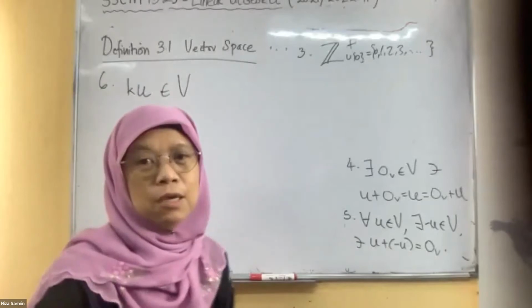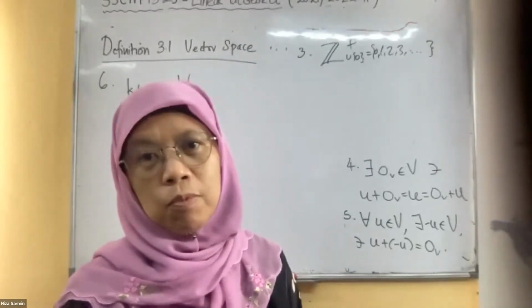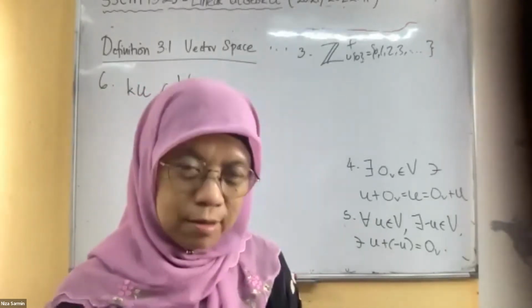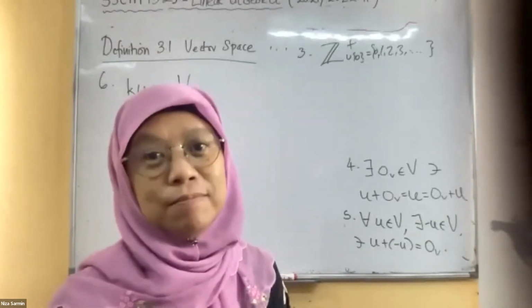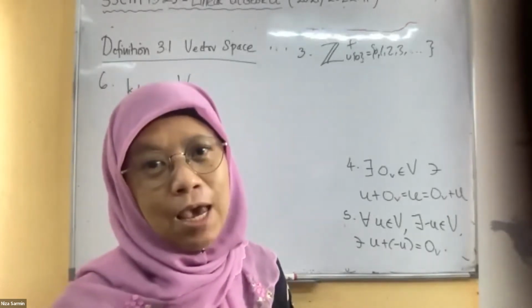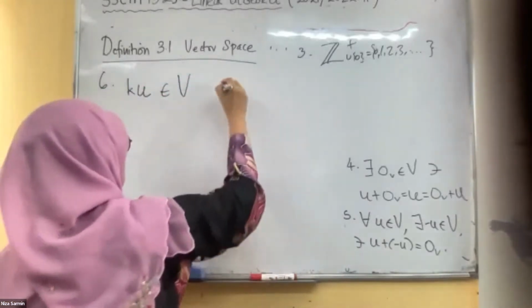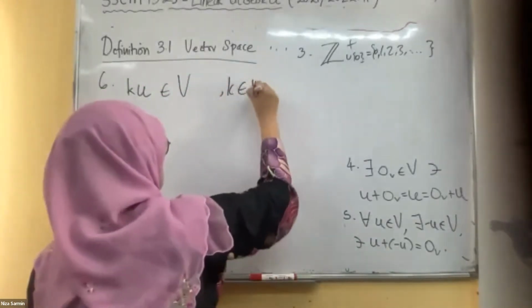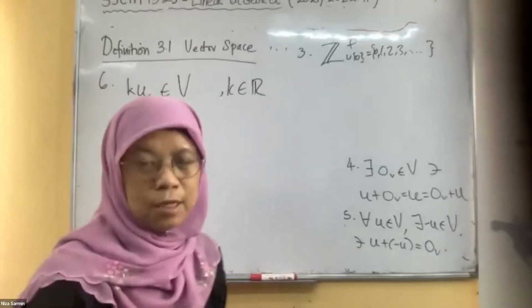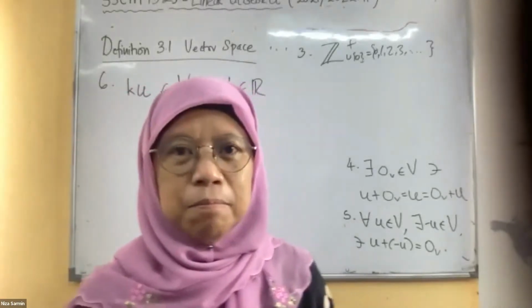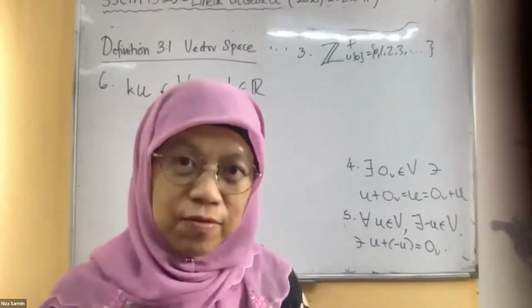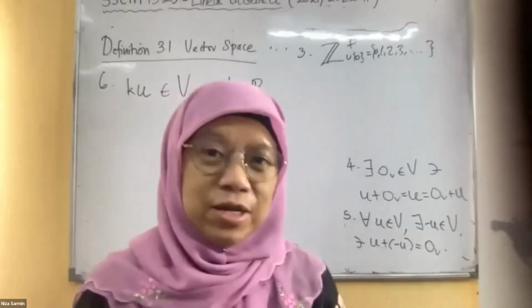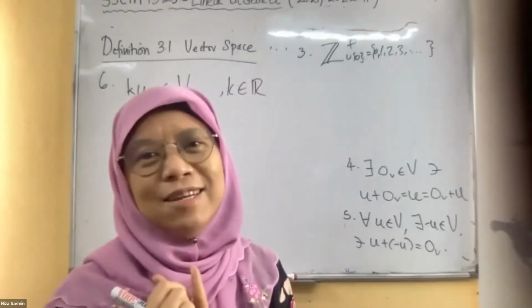So that means if u is in V, the multiple is also in V. Yeah. And remember, this k is a real number. So it can be positive, negative, fraction, anything, any real number.